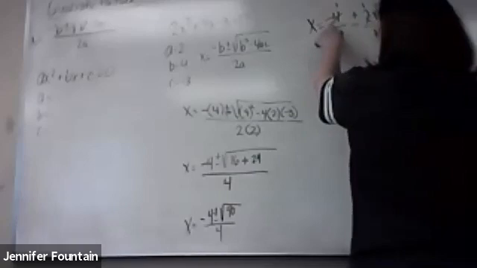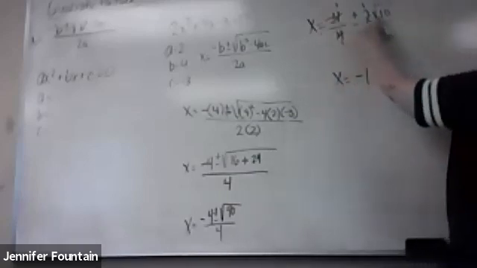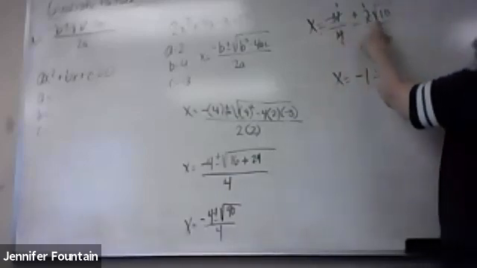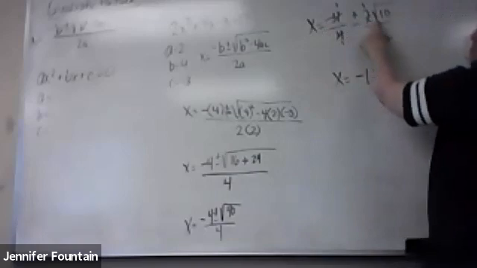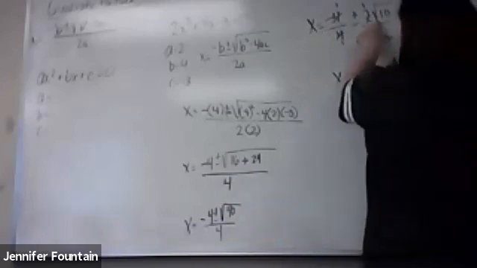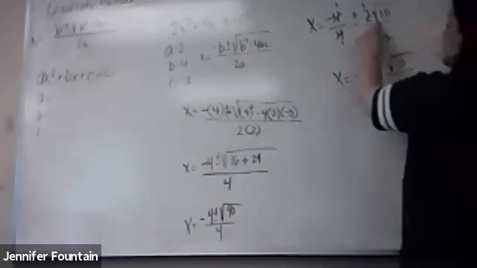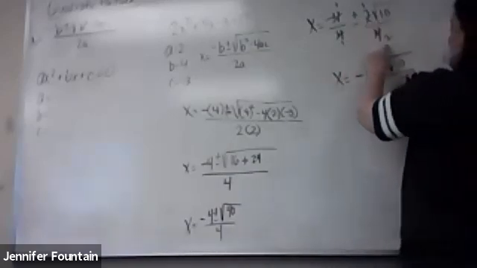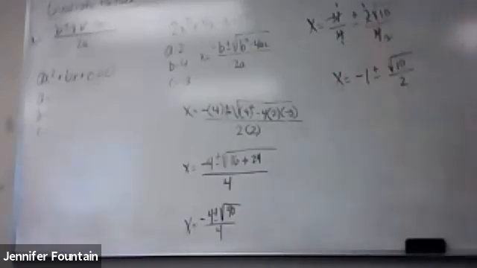-1 plus or minus, what's my numerator here? Square root of 10 over 2. So when I simplify, I've got to look and see, okay, what do I have left? If something is above my fraction line, then it has to stay in the numerator.